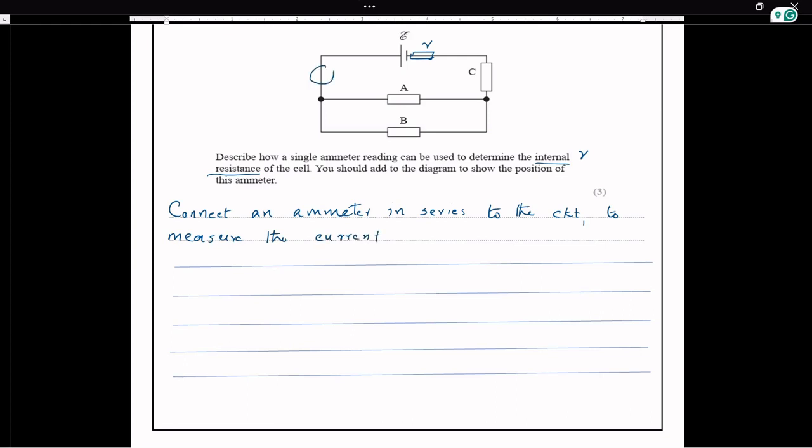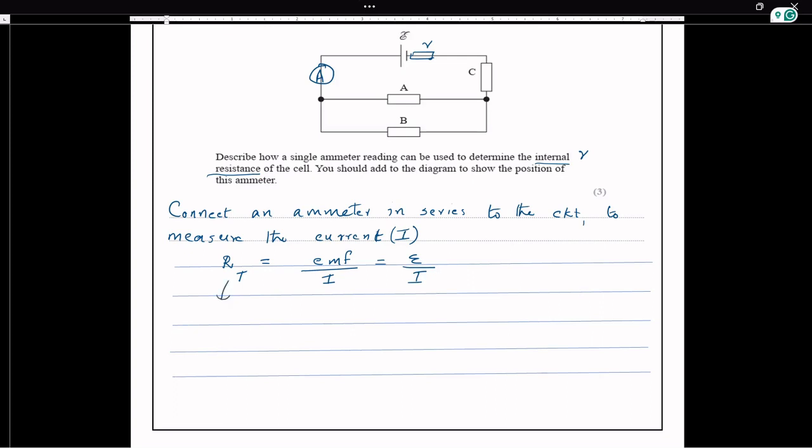Let us connect an ammeter here to measure the total circuit current, let it be I. Using that total current, we can calculate the total resistance of the circuit, which is the EMF over the total current, E over I.